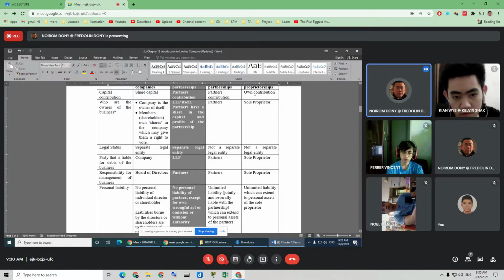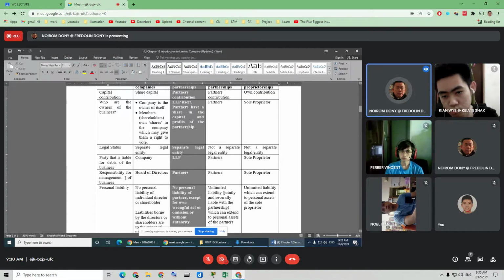For partnerships and sole proprietorships, the individual partners, the owner, the sole trader are responsible, meaning the liability is unlimited. Unlike these two, the limited liability partnership and the company, where liability is limited to the share they're holding.